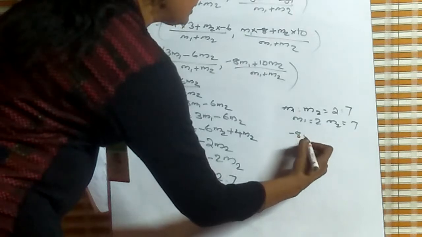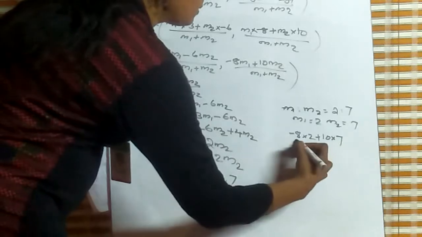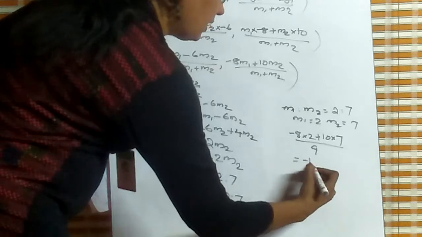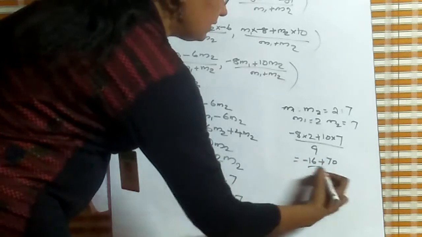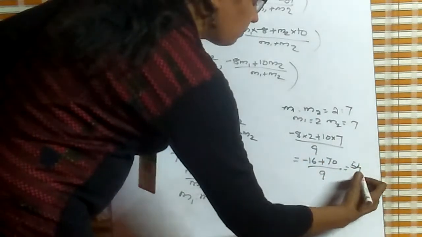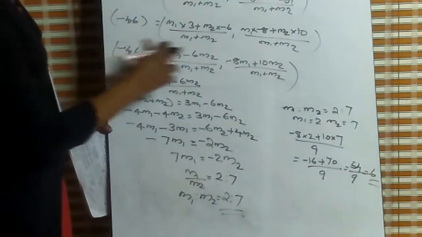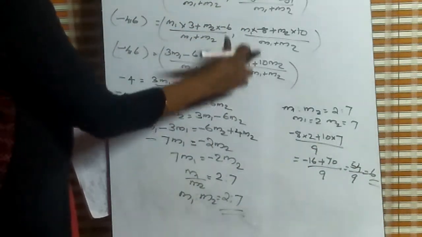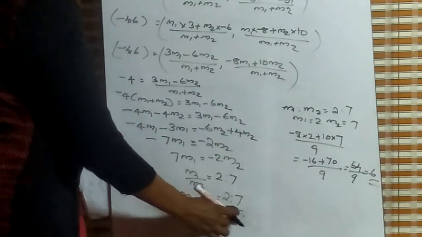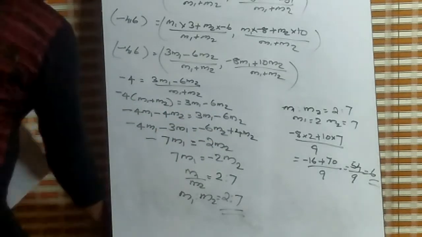So (minus 8 into m1 2 plus 10 into m2 7) by (m1 plus m2, 9) is equal to (minus 16 plus 70) divided by 9. What is minus 16 plus 70? 54 by 9 is equal to 6. The 6 is our y coordinate. We substitute the values of m1 and m2 in the y coordinate and we get the answer 6. So our ratio m1 is to m2 equal to 2:7 is correct. Then third question.